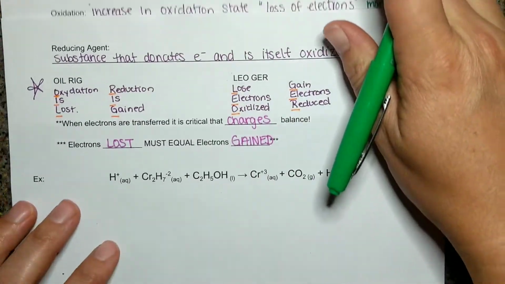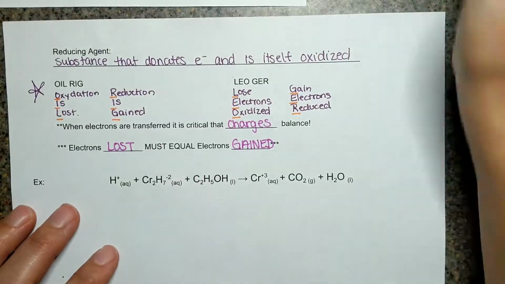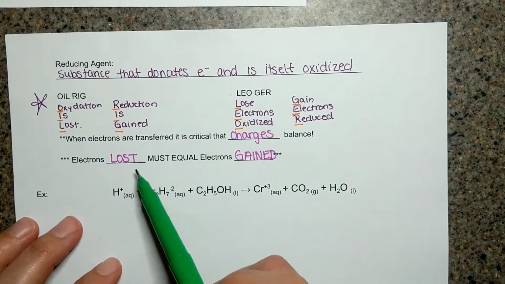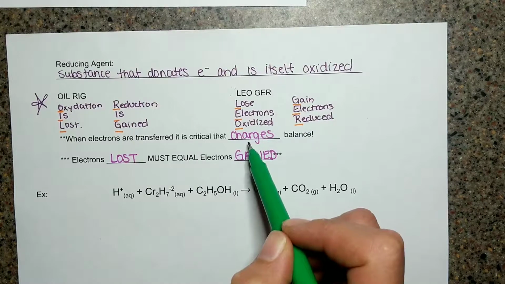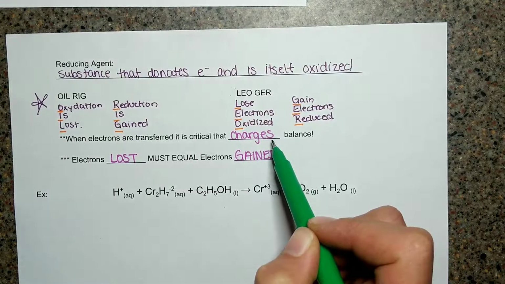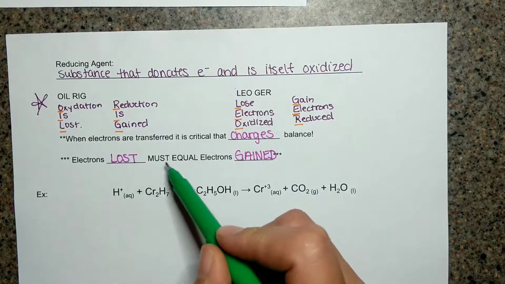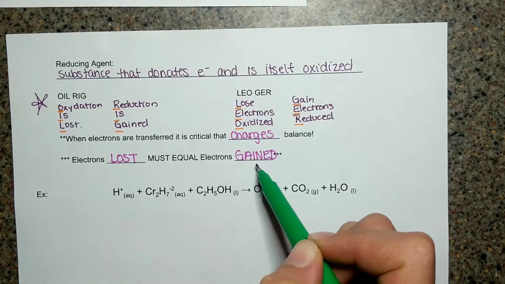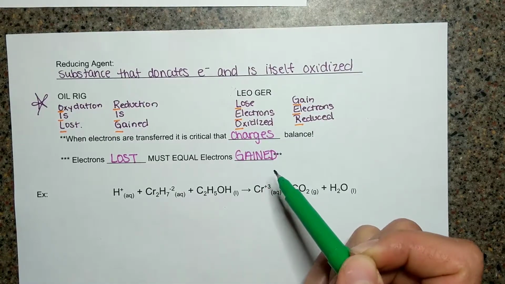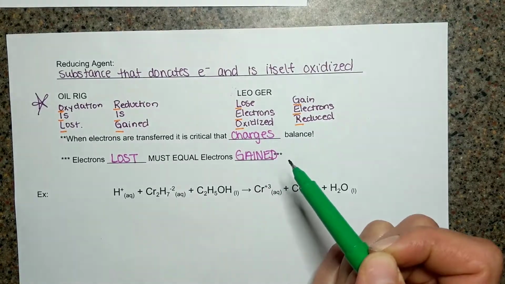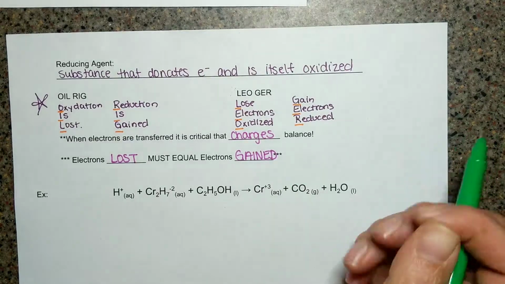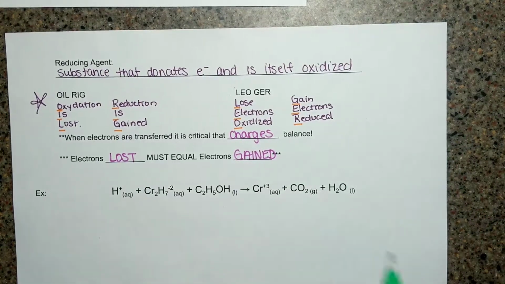Either way. It's important to note that when electrons are transferred, it is critical that charges balance, okay? And that electrons lost must equal electrons gained. Just like our law of conservation of mass, we can't destroy mass, we can't destroy our electrons.